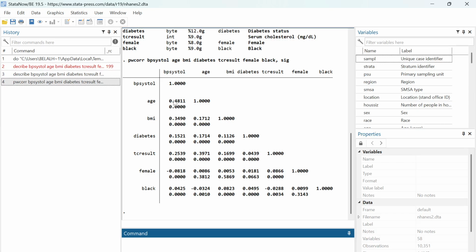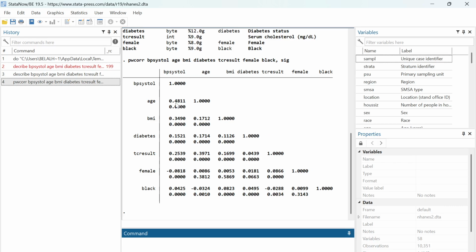So how do you know about the strength? Now let's look at age and BP systole. What do you see here? This relationship is statistically significant, and we have a correlation coefficient of 0.48. Now I'm going to give you a rough estimation of weak, moderate, and strong correlation.